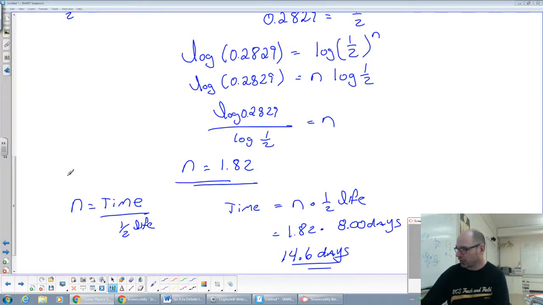So a pretty short unit here. Boy, this computer is slow. I will post that up probably the next day, some half-life practice.